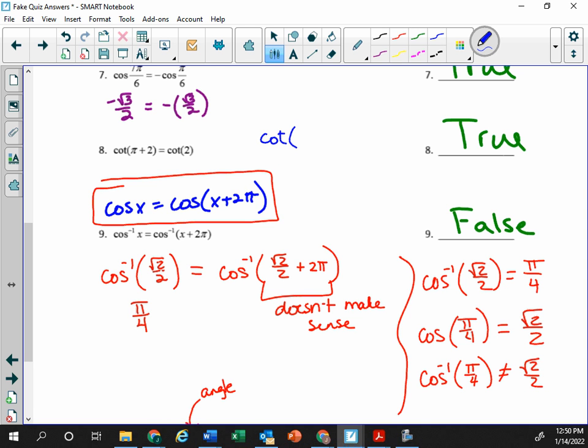Like, instead of 2, I said pi over 4. What is the cotangent of pi over 4? 1. And then cotangent of pi plus pi over 4, do you see how that'd just be third quadrant? And so also 1. Okay, so that's why that one's true.